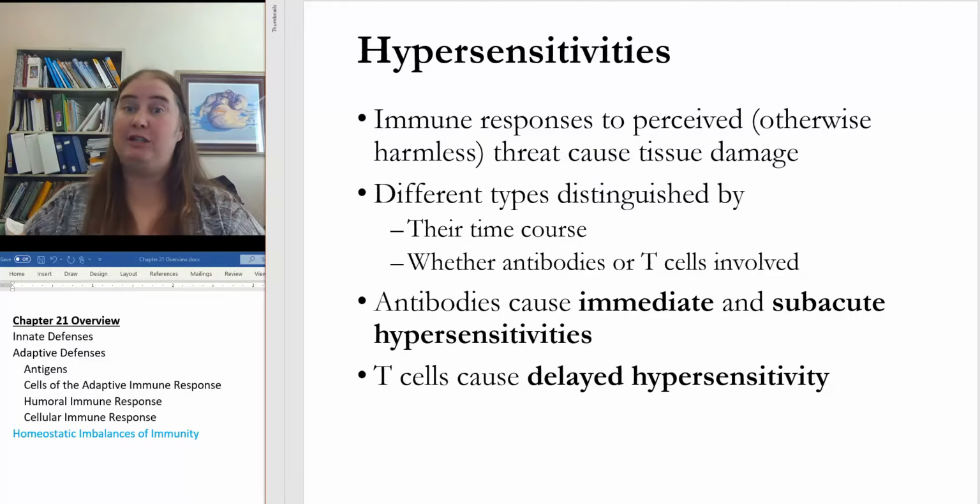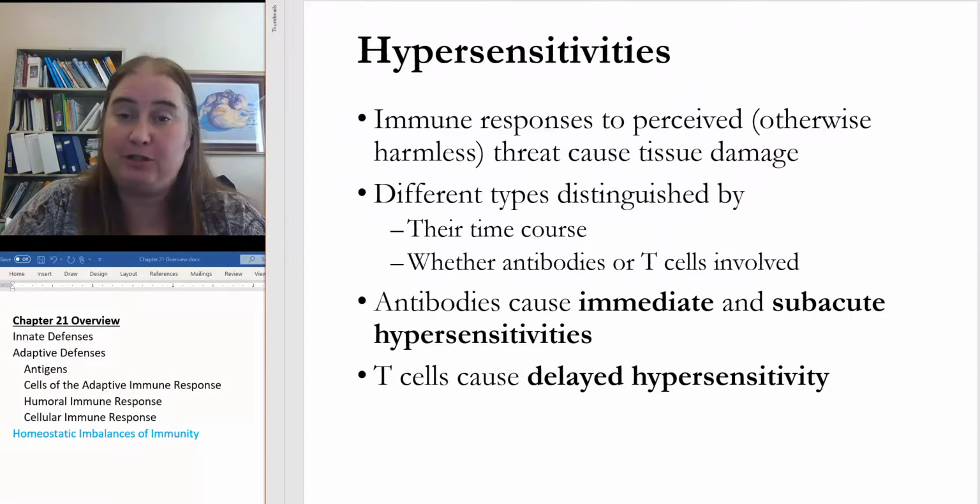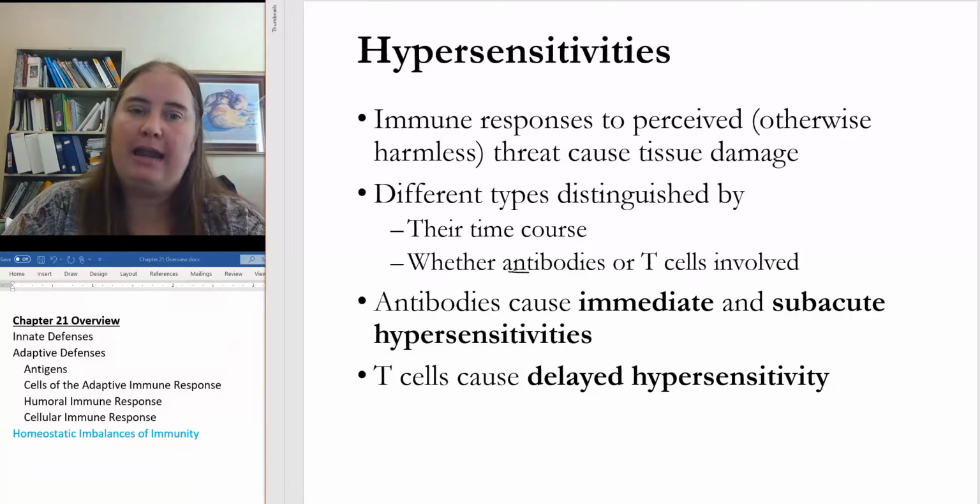Okay, on to the last topic, which is our hypersensitivities. Hypersensitivities are our immune system's response to perceived, otherwise harmless threats that cause tissue damage. There are different types of hypersensitivities, and they're distinguished by their time course, whether they're immediate or delayed, and whether antibodies, which implies a B cell, or T cells are involved.